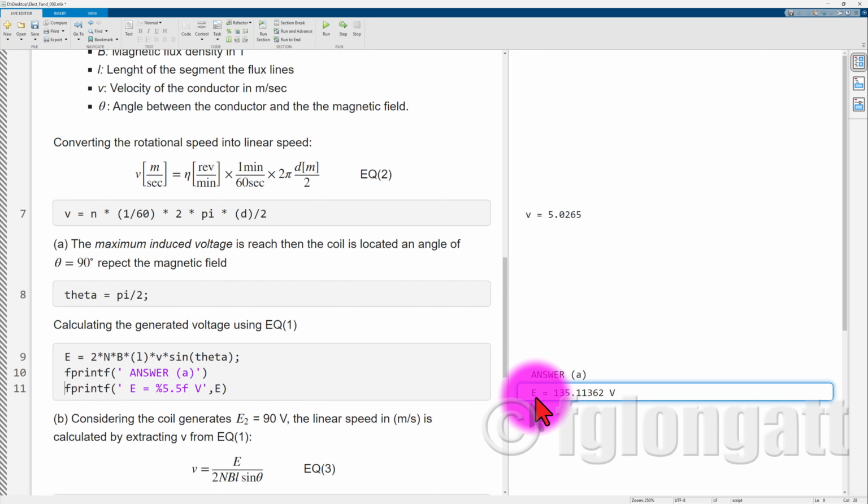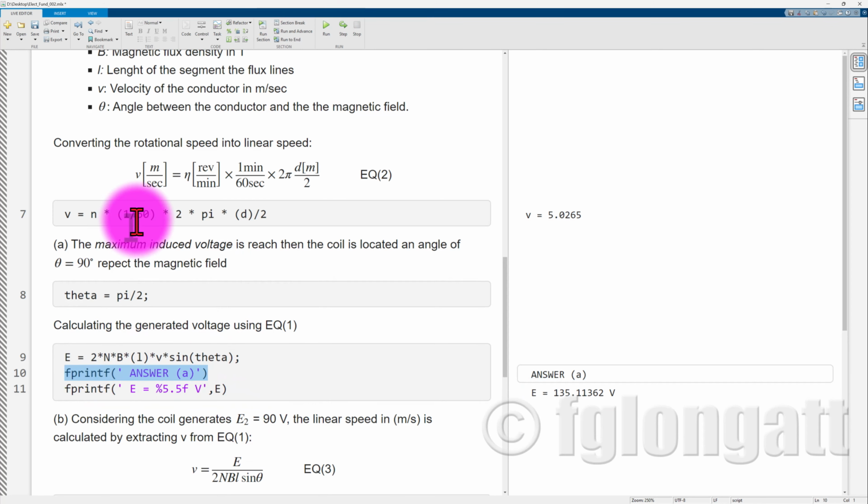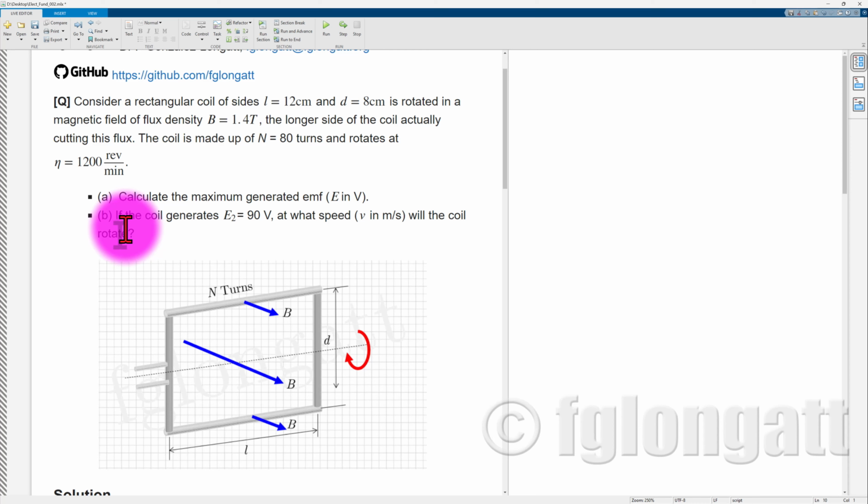So finally, as you can see over here, when this square coil is rotating at 1200 RPM, the maximum voltage induced is 135.1 volts.